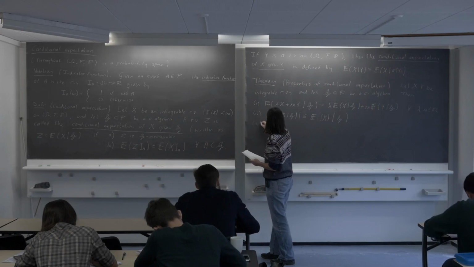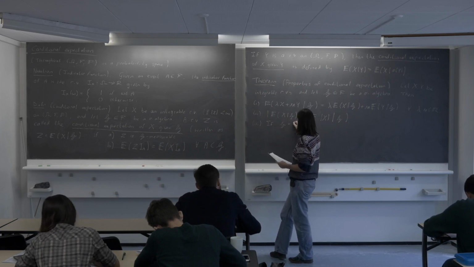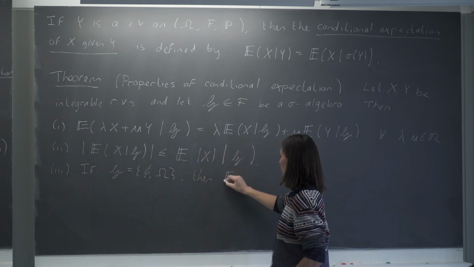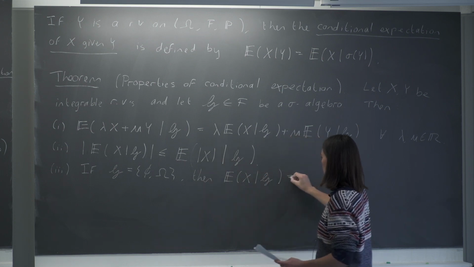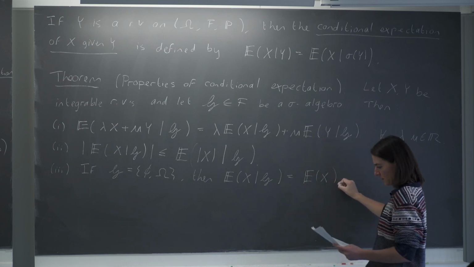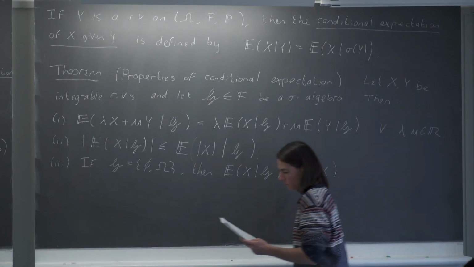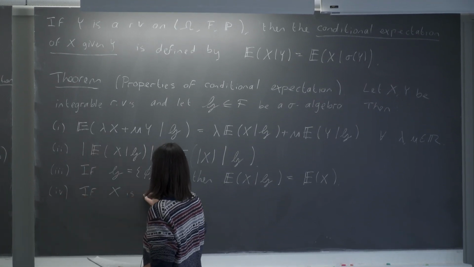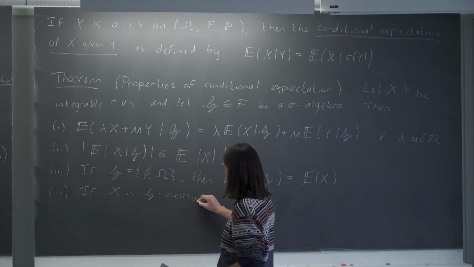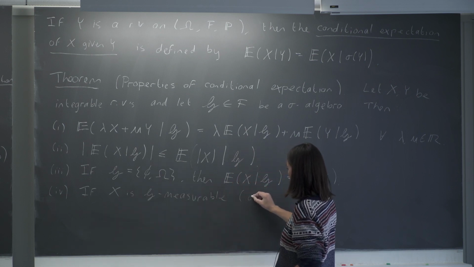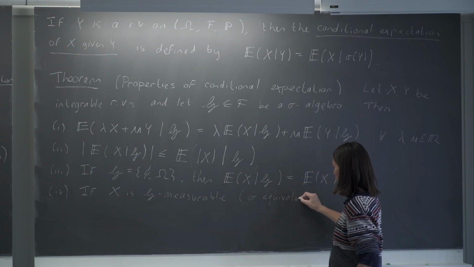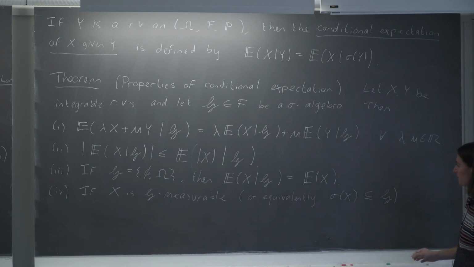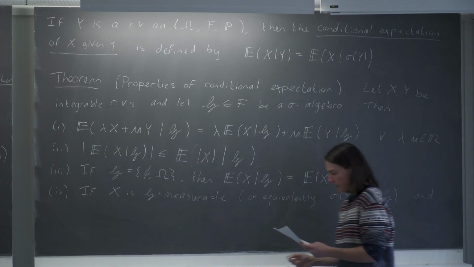Third property is if G is just the trivial sigma algebra, so if G is just equal to the empty set and the full sample space, then the conditional expected value of X given G is just equal to the expected value of X. Fourth property is if X is G measurable, or equivalently the sigma algebra generated by X is contained in G, and we know that XY is integrable.